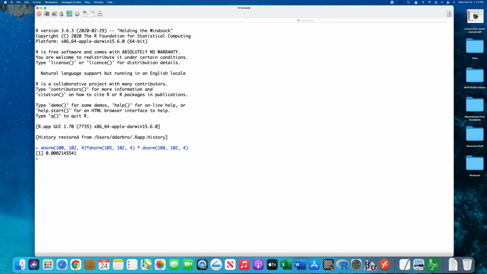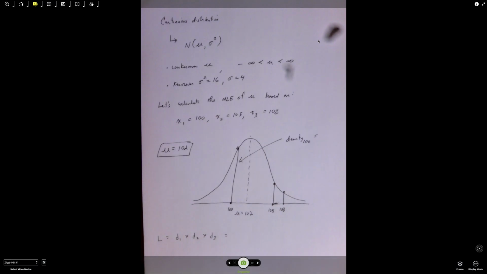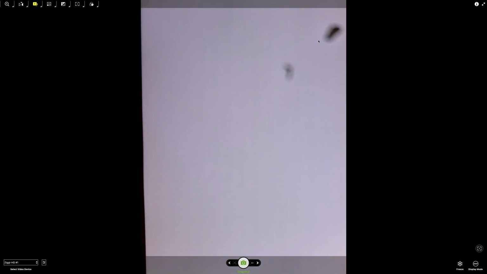So the likelihood that this data came from a normal distribution with given variance 16 with a mean of 102 would be 0.000215 actually.